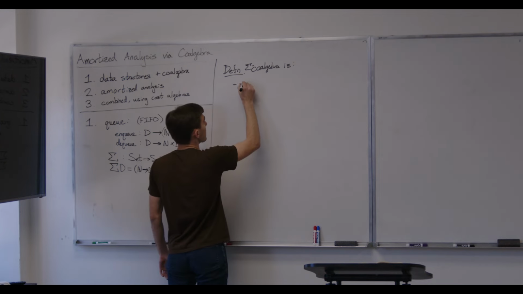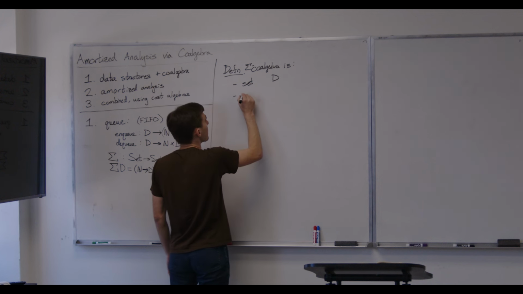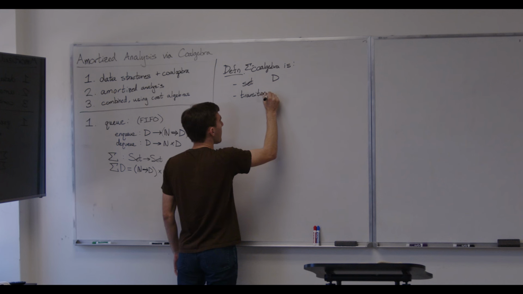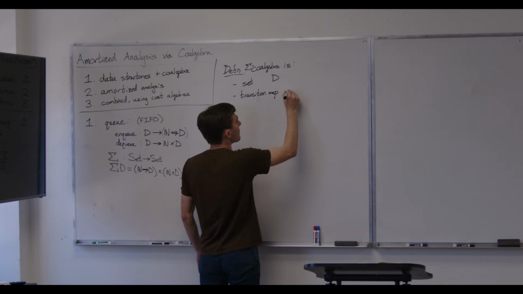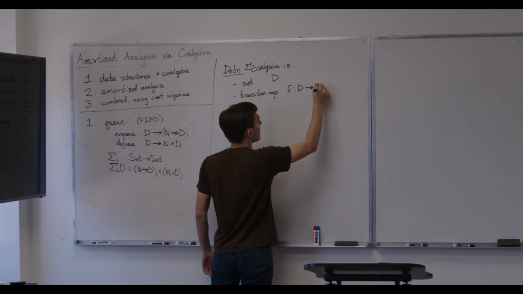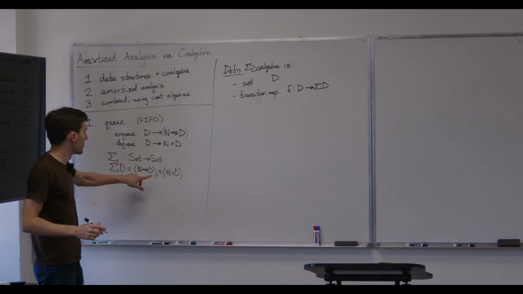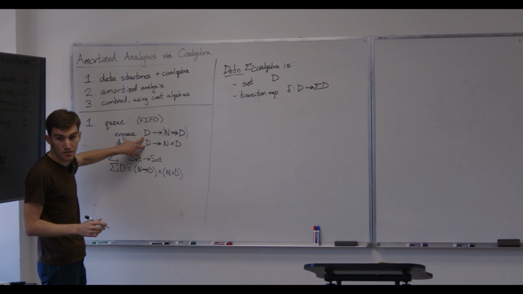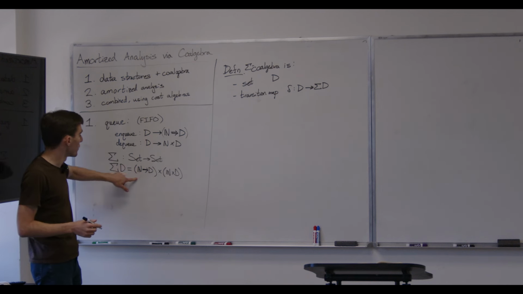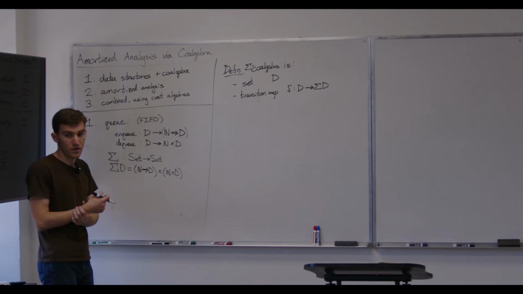So really, it consists of a set D, and then sometimes I call this a transition map, delta, which goes from D to sigma of D. The signature describes these two methods: we take in a data structure state, and from that state we'll offer these two methods. We'll offer you NQ, which lets you put in a natural number, or DQ, which lets you take out a natural number. Fair so far?